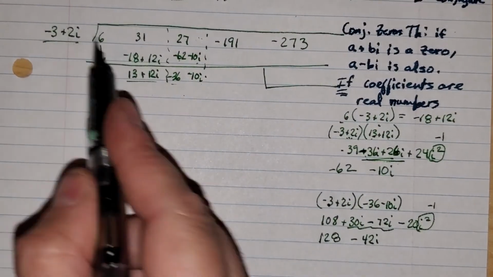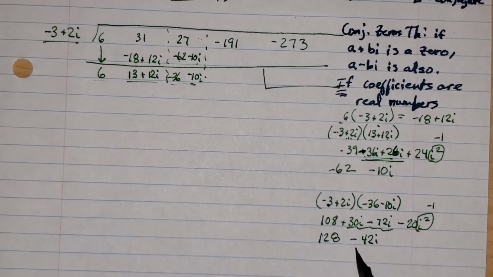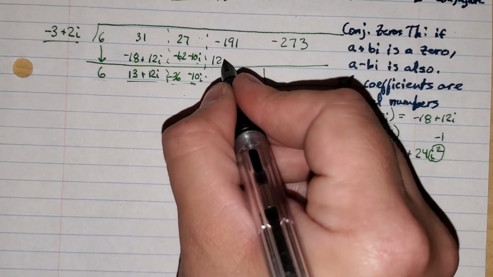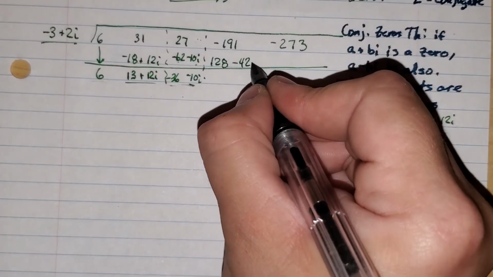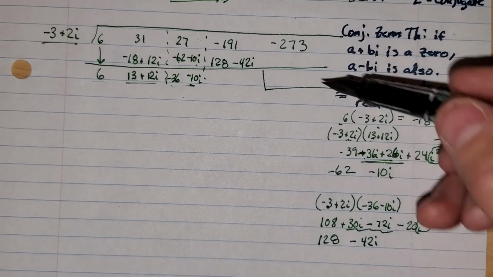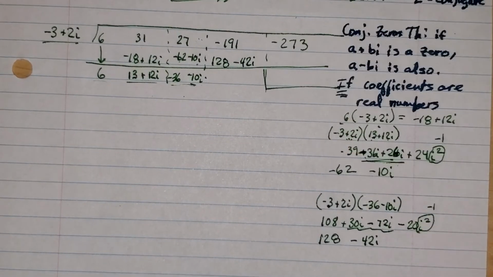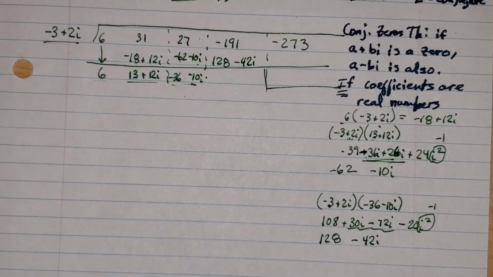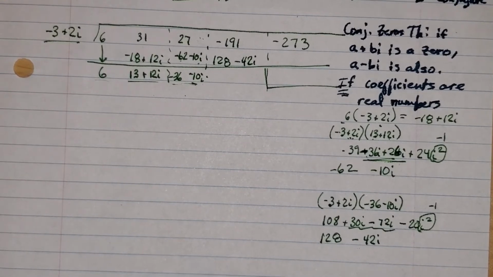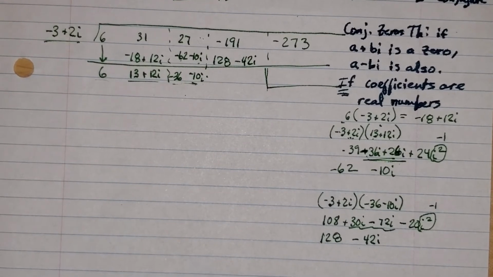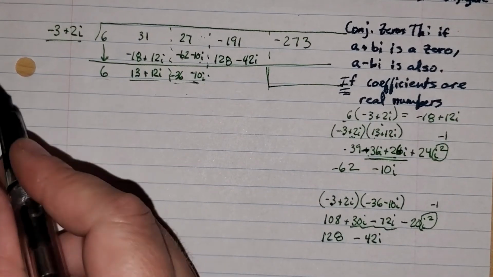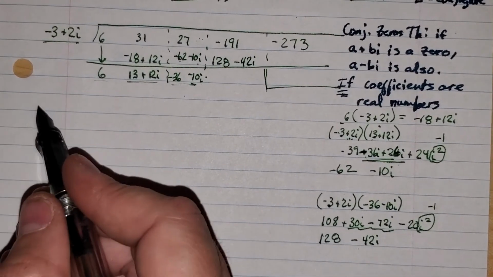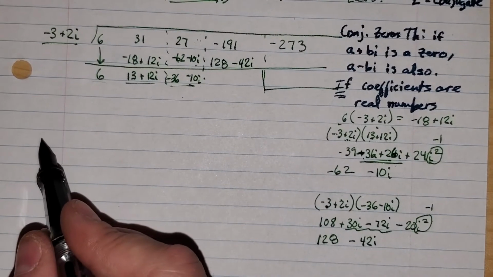So this times that gives me 128 minus 42i. Cool. Crazy. Let's keep going. There's no way this adds up to 0, right? That's what you're saying. You're wrong. It does. Let me show you. So I'm going to squeeze in just right here on this side of my paper.